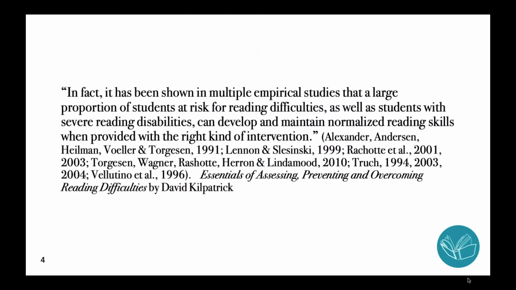You can also sometimes see those kinds of conclusions in books. This is an example from David Kilpatrick's Essentials book, where he is drawing his own conclusions from reading research. So it wouldn't be accurate to say that this is Kilpatrick's research. This is his summary and interpretation of research. And you would want to go to these actual references that are cited here and read those studies yourself.